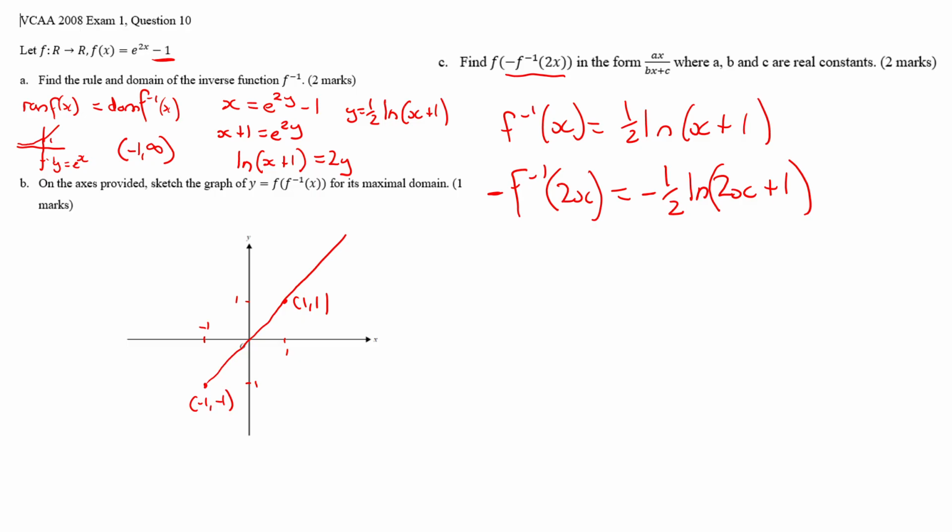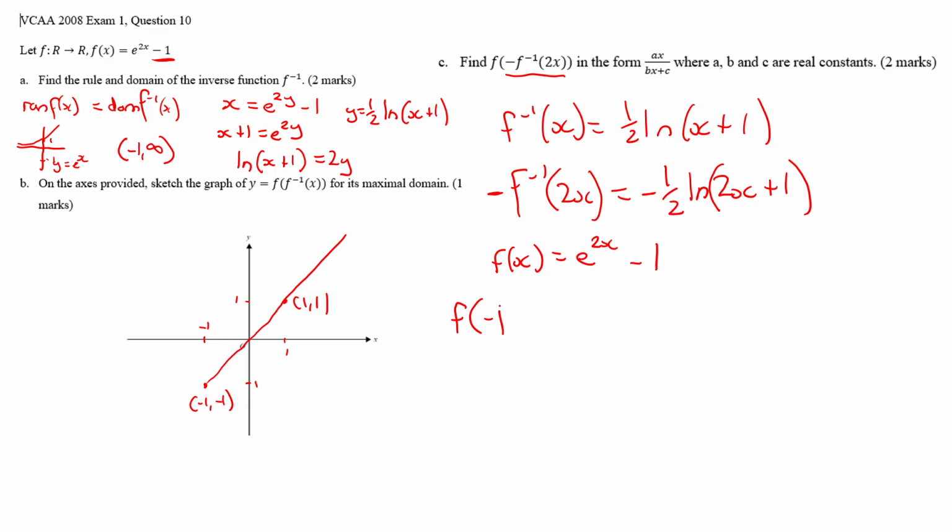So now I've done this. Then I need to go back to my original function, and I'll just write that down so we've got it in order, which is e to the power of 2x take away 1. So now wherever I see x, I'm going to put in negative half ln 2x plus 1 because we're doing a composite function.